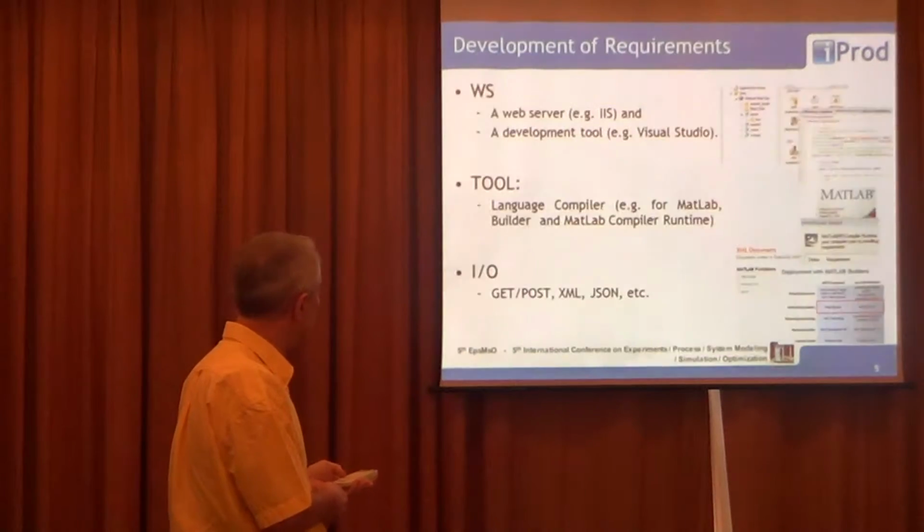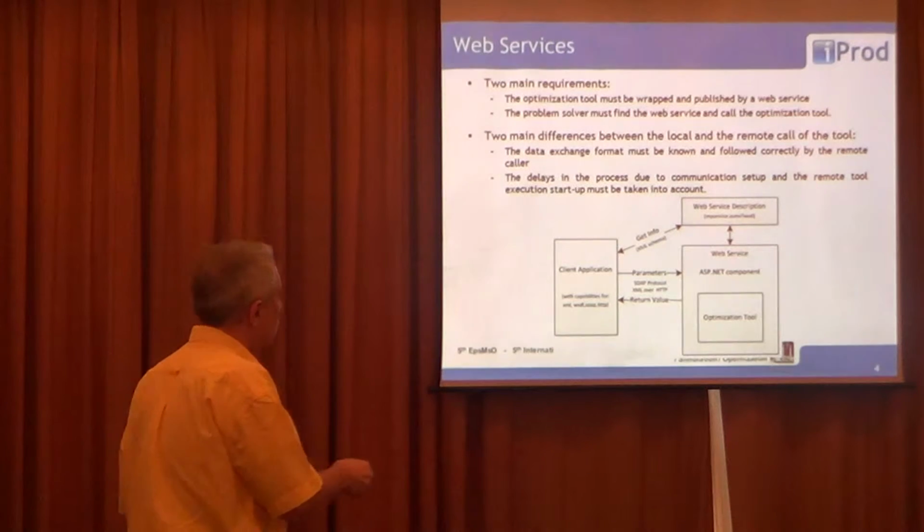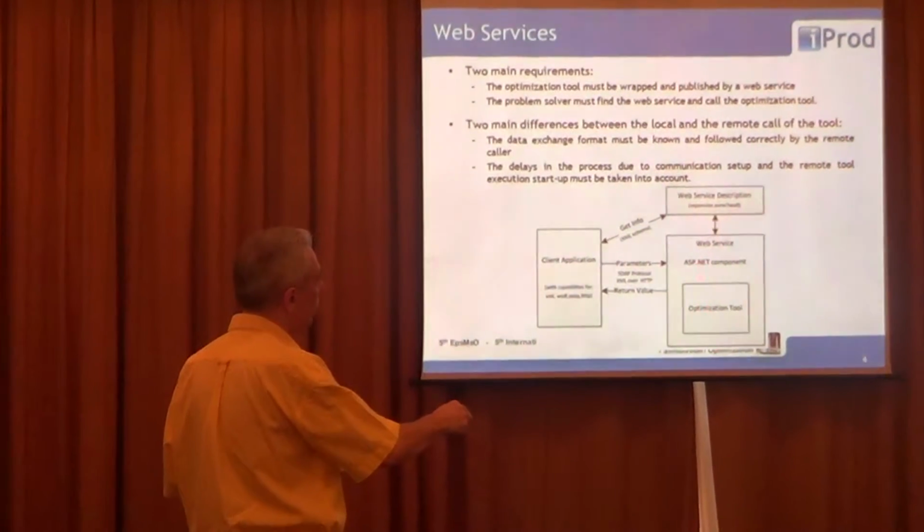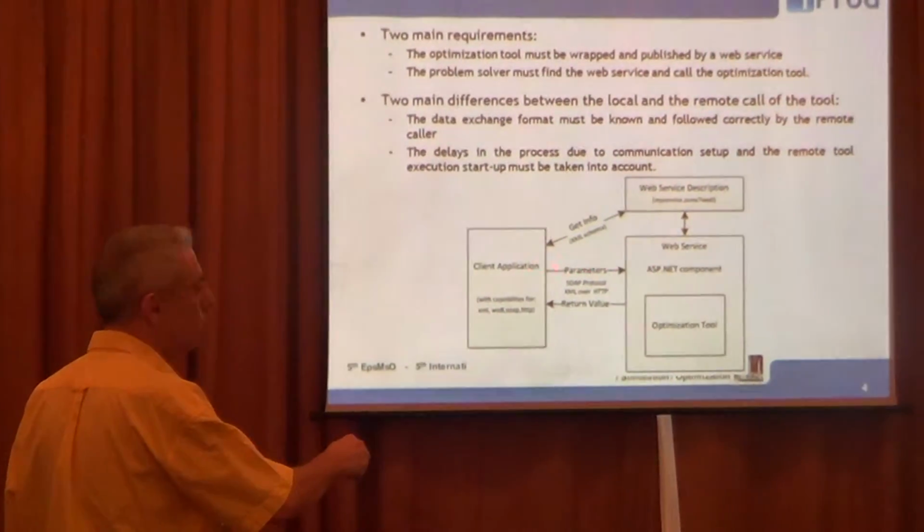To do that, we had to take the tool that already works as a standalone package, and we wrap it with a piece of software that offers that to the internet.